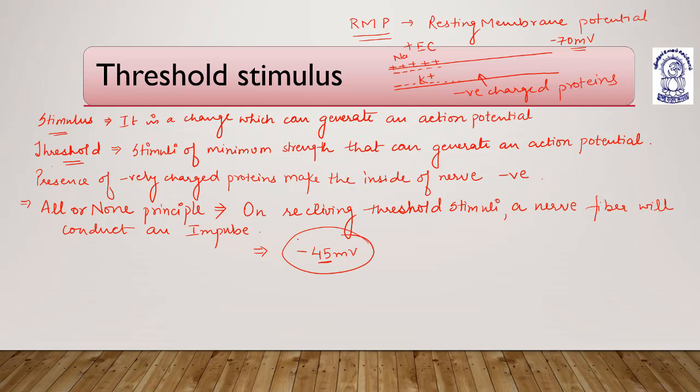All stimuli with a potential difference lesser than 45 millivolts won't be able to conduct their message. So either the nerve will conduct all the messages above the threshold stimulus or it won't conduct. So it is the all or none law. The message will not be partially conducted. The stimulus will be completely conducted if it has a potential above that threshold.